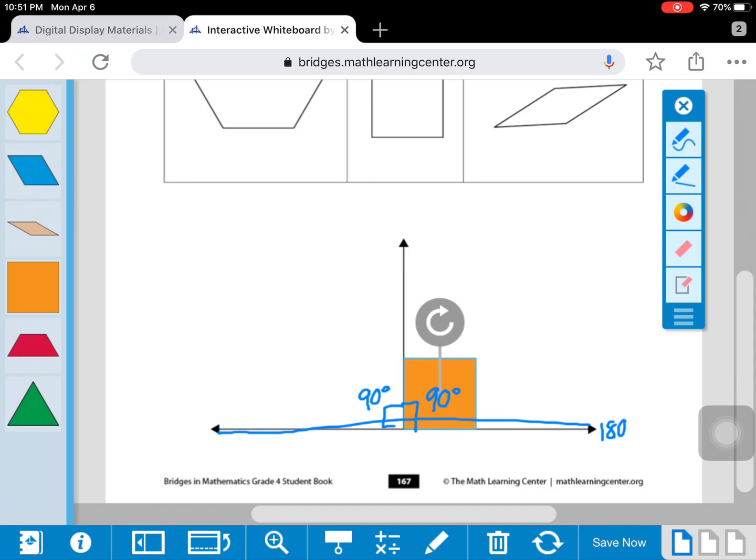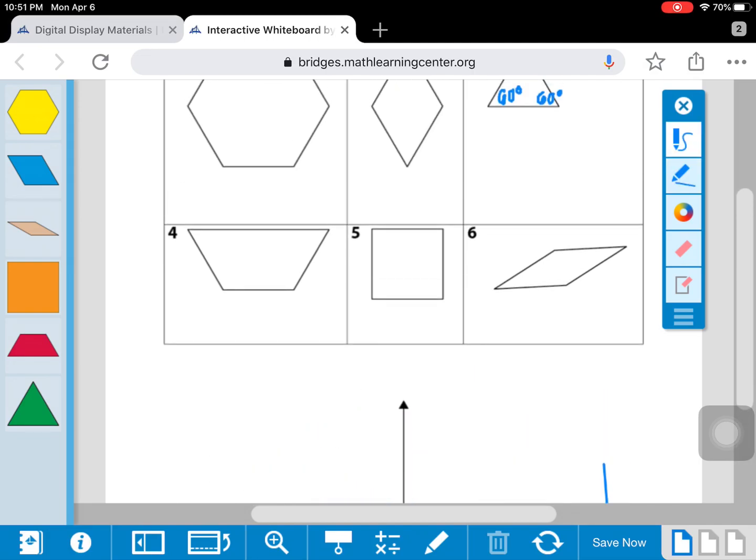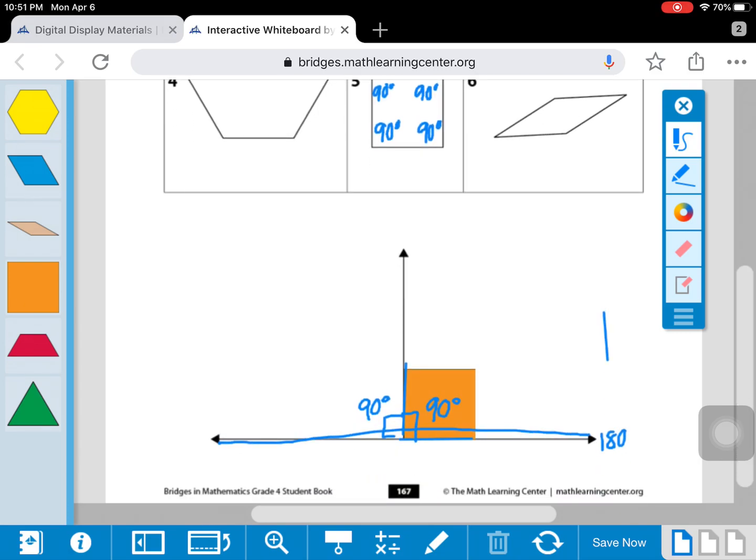I can see, knowing that this angle is 90 degrees here, and this is 90 degrees here, that those 2 rays connect to make a 90-degree angle. I know that my square angle is 90 degrees. And I know that all angles in a square are equal, so that makes all of them equal to 90 degrees. Nice job.